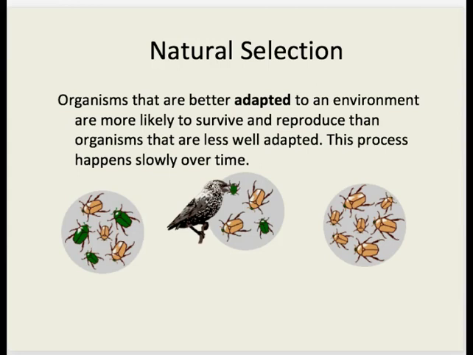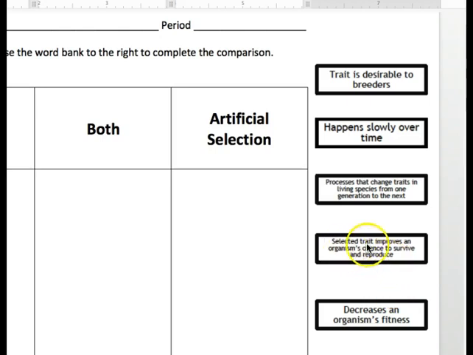So natural selection is about an organism being better adapted for the environment. And here you can see that the bird can easily see our green bug, and lo and behold, there's no green bugs to pass on that inherited trait. We have no green bugs. And that's right here. Selected trait improves an organism's chance to survive and reproduce.